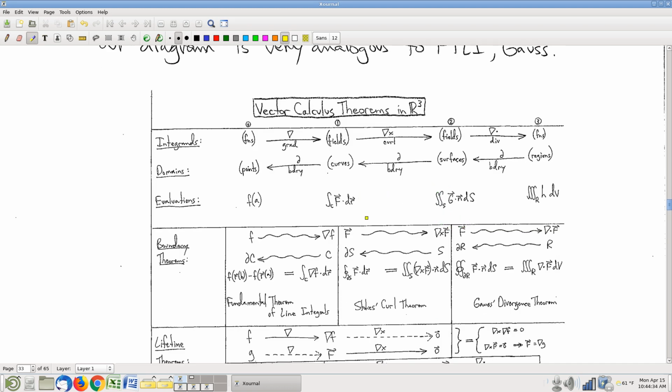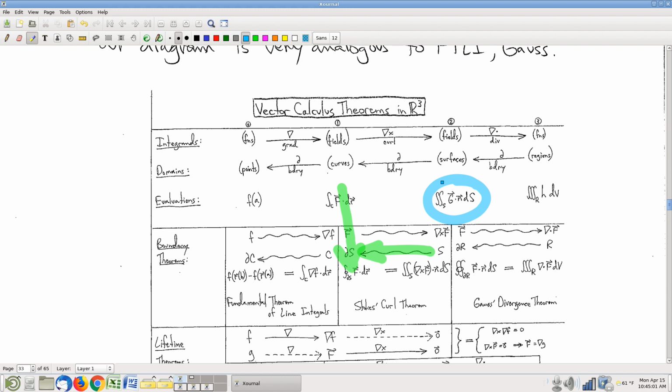Finally, keep in mind what we were doing here. We were looking at circulation of a vector field around the boundary of a surface. That's where we started. And what we found is that we could write it as a surface integral.